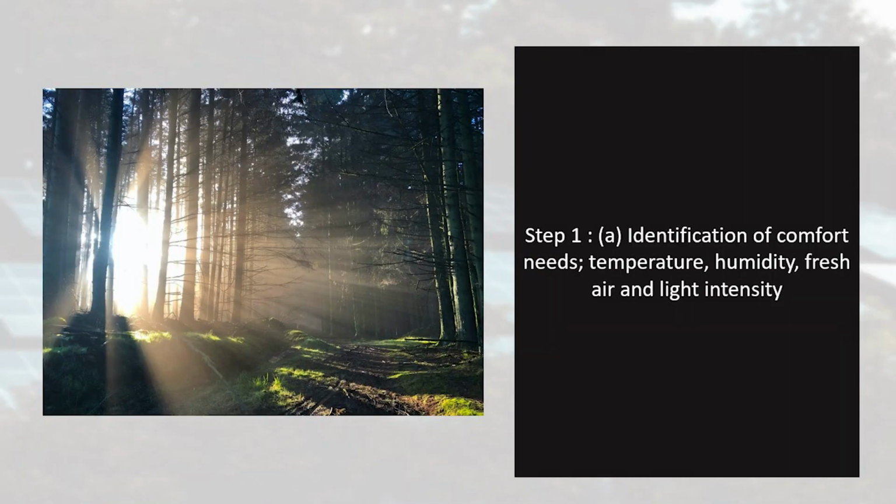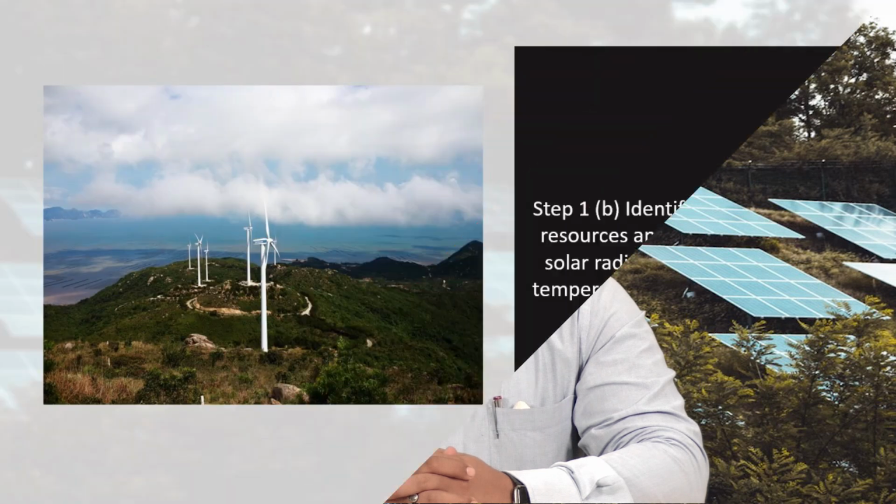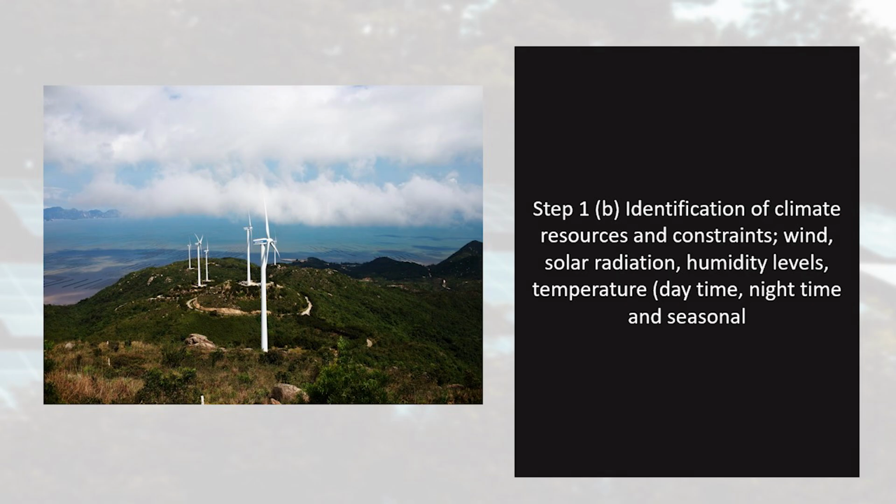If I talk about step 1, that is the identity of comfort of humans. So there are some parameters which must be in our mind, that is temperature, humidity, fresh air and light level. All 4 parameters must be in mind and must be optimized during the design. Then some identification of the climate resource also, that is wind, solar radiation, heat, light, humidity, temperature, daylight and seasonal parameters.